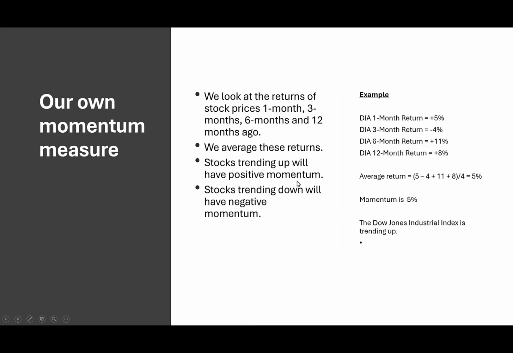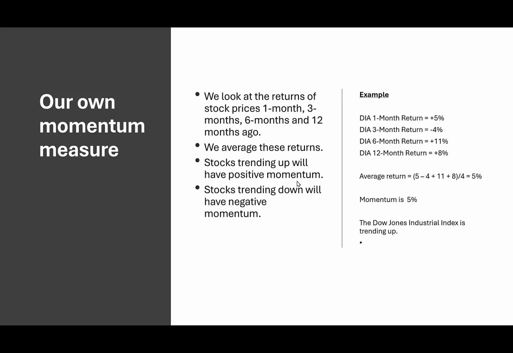Okay, and before I begin, I'd just like to spend some time explaining what we mean by our momentum measure. Okay, so what we do is that for a stock, like for example, the Dow Jones Industrial Average, we look at returns from the past 1 month, 3 months, 6 months, and then 12 months ago. And we take these numbers and we average these numbers up.